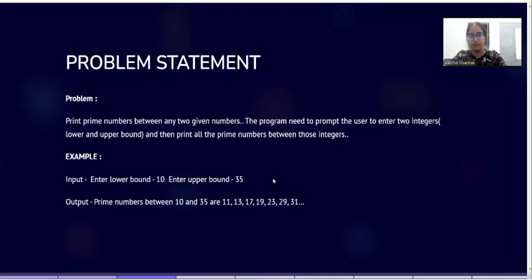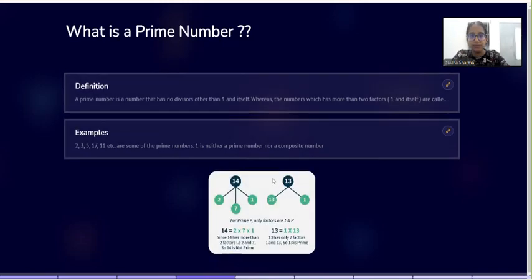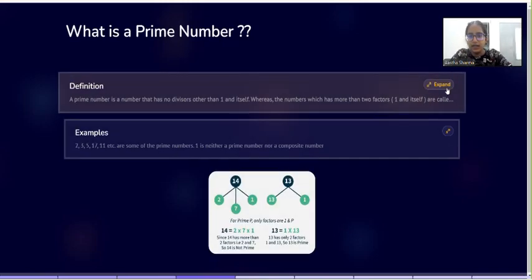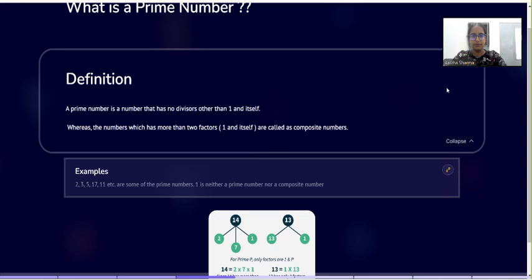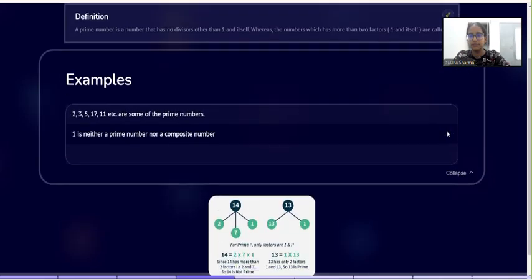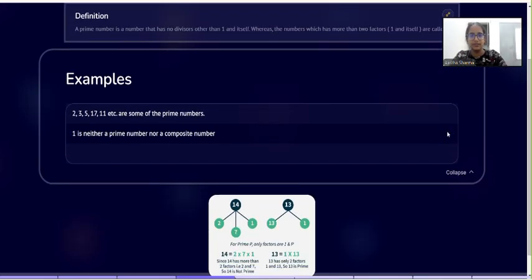So before getting into our algorithm and code, let's have a basic idea of what a prime number is. Basically, a prime number is a number that has no divisors other than 1 and itself, whereas the numbers which have more than two factors are called composite numbers. As you can see, 2, 3, 5, 11, 17, 13, etc. are some of the prime numbers.